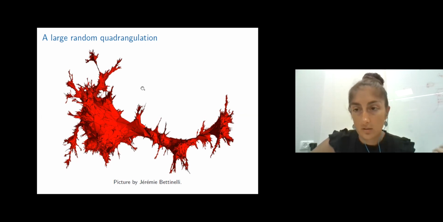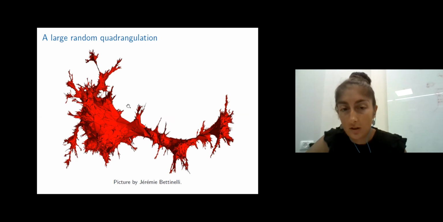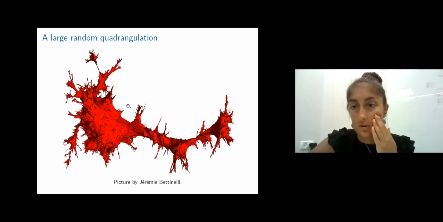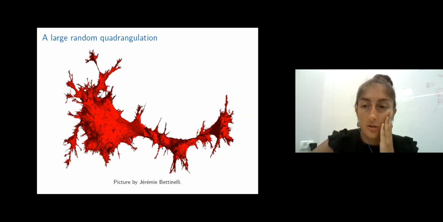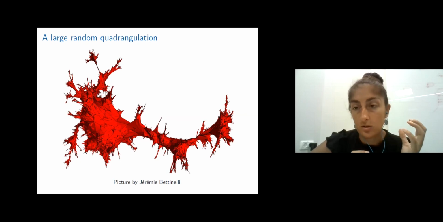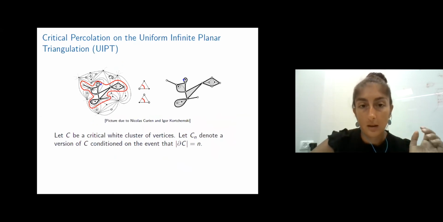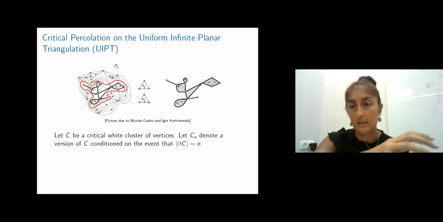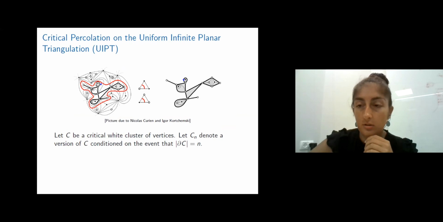So just for example, say you do site percolation, you can in fact take a local limit of this graph and condition it to have infinitely many vertices, and you can do site percolation on top of that in the standard way. And as usual, you have a notion of a critical parameter. And it turns out that at criticality, the percolation clusters have very nice shapes and structures. So for example, if you take a large random triangulation, but this looks really the same as the quadrangulation I showed you on the previous slide, and you do critical site percolation.